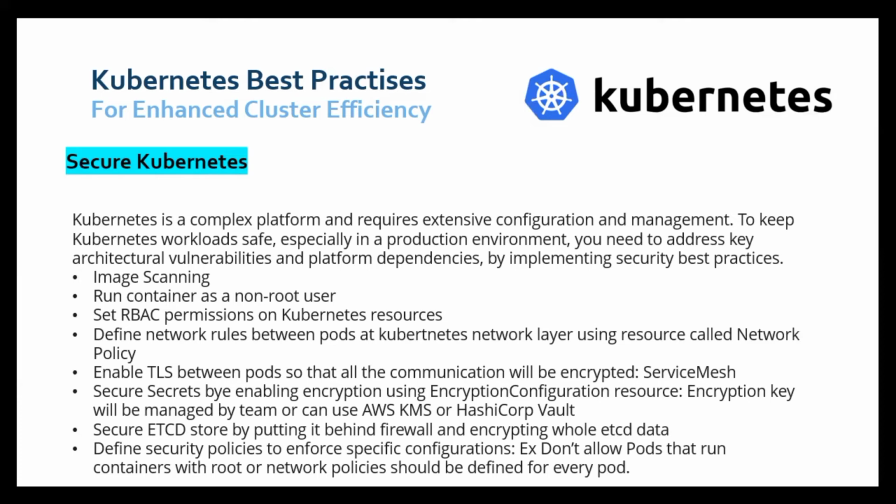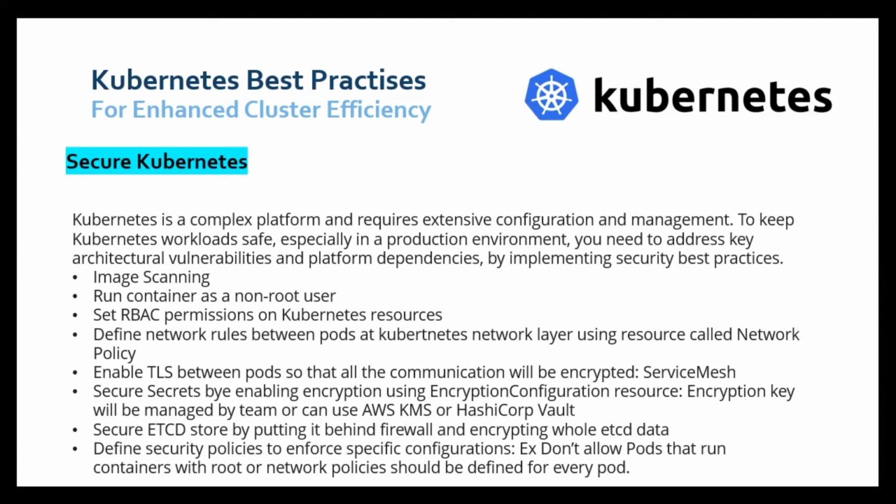Okay, the next one is secure etcd store by putting it behind a firewall and encrypting the whole etcd data. etcd is the brain of your Kubernetes cluster. Whatever deployments and objects go into your Kubernetes, that metadata is stored in etcd.